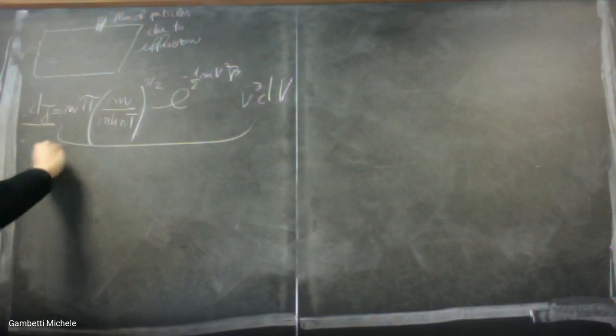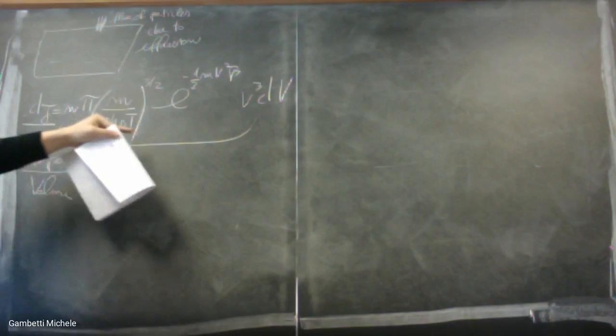Okay, so now, which is the dimension of this quantity here? Well, let me check. If I put here n, this should be number of particles divided by the volume.